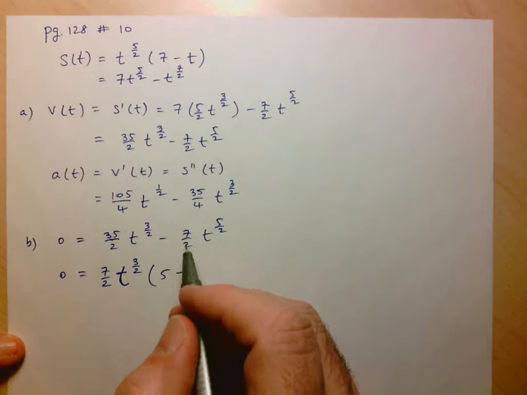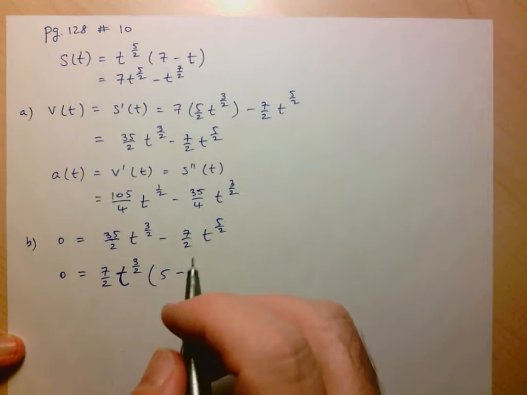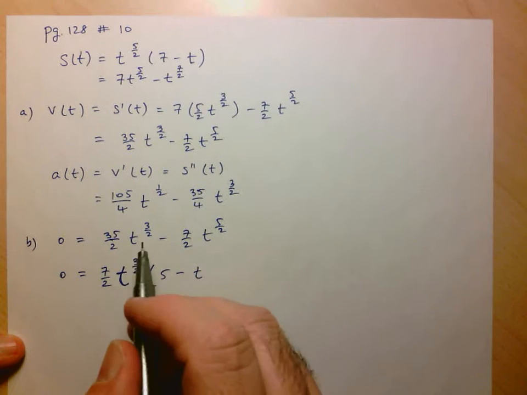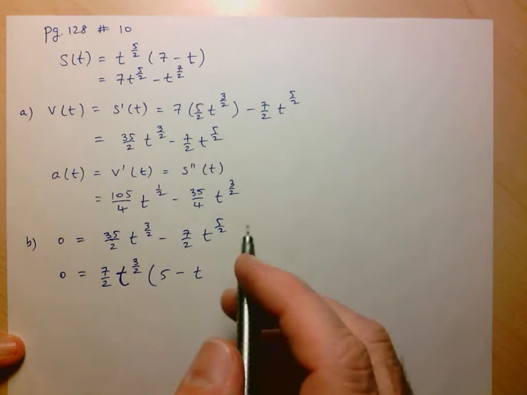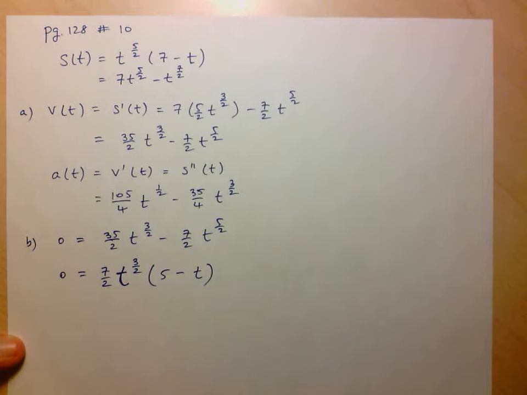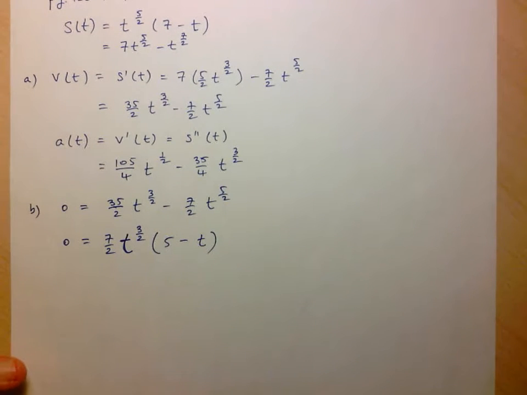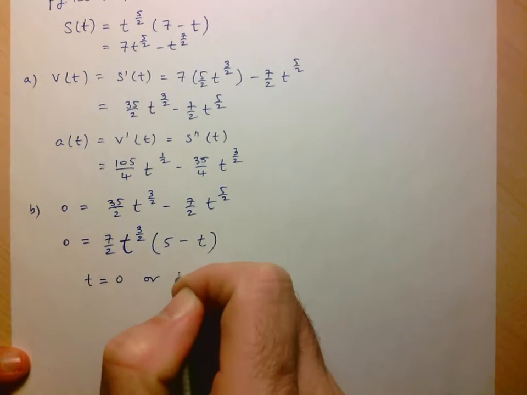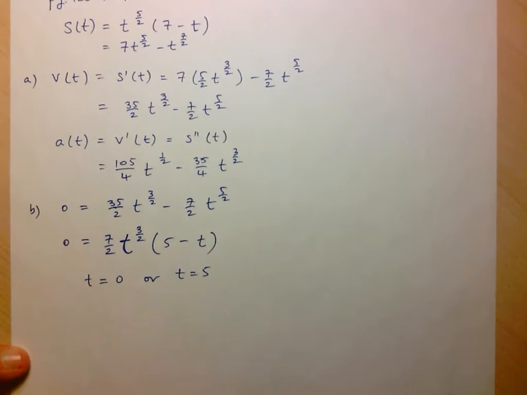Minus, so no more 7 over 2, that's been factored out. And if I divide t to the 5 over 2 by t to the 3 over 2, I'm just left with t. So that just ends up being 5 minus t. And so this is nice and easy to solve now. Here we have solutions t equals 0 or t equals 5.